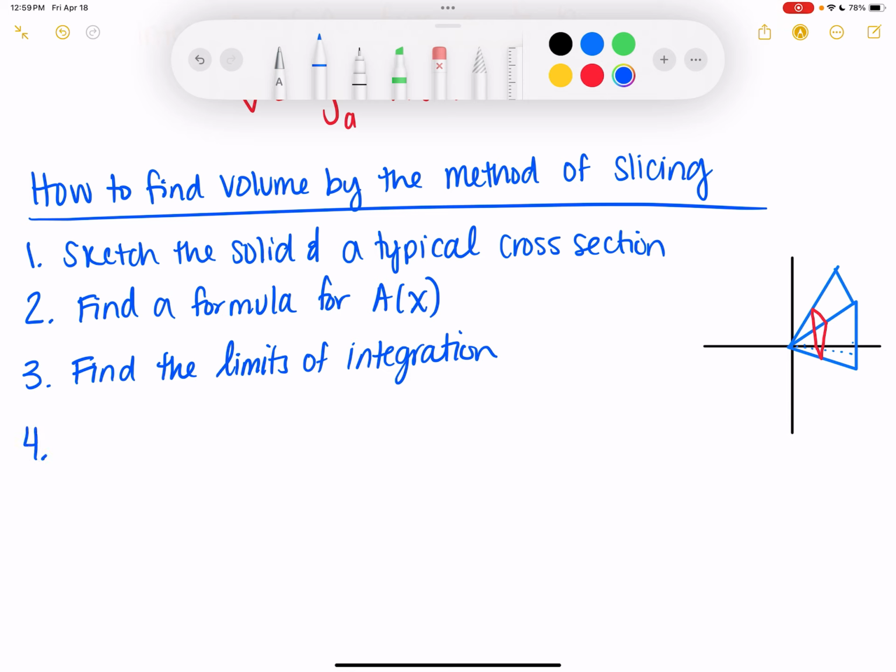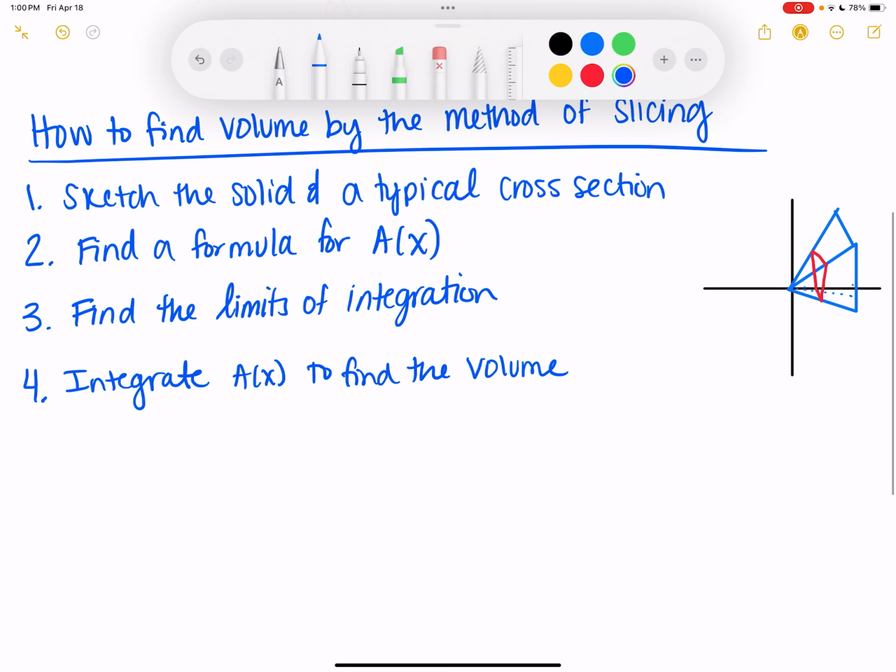And then 4, we integrate A of x to find the volume.